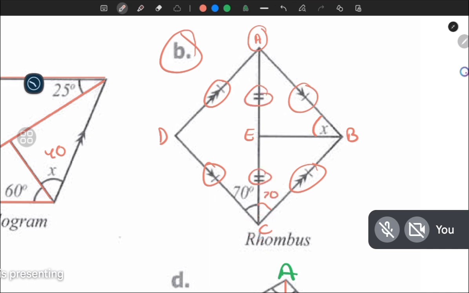What do these two lines represent? That they're the same length. So AE is equal to CE, right?